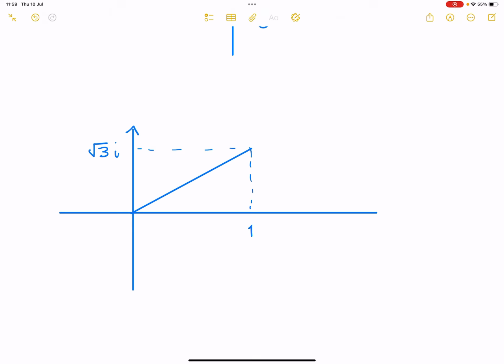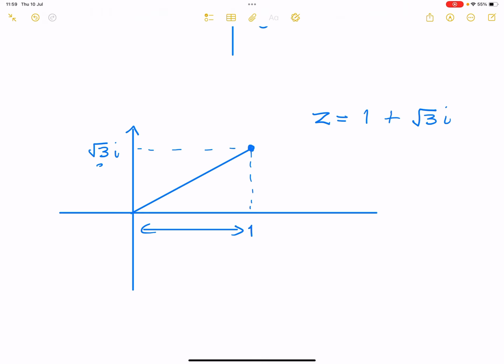Remember, we can express this as a complex number. This is rectangular form. In rectangular form, we always start with the real part, so that's 1 plus, still within the positive axis, square root of 3i. That is what it looks like in rectangular form.